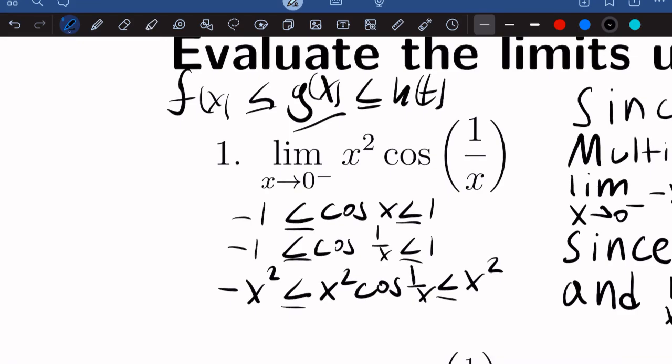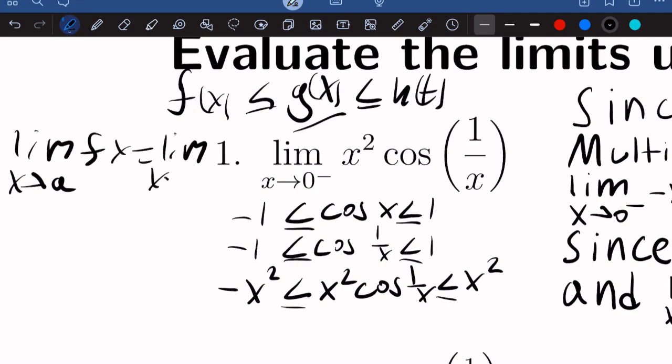And then the next condition is that the limit as x approaches a of f of x equals the limit as x approaches a of h of x.